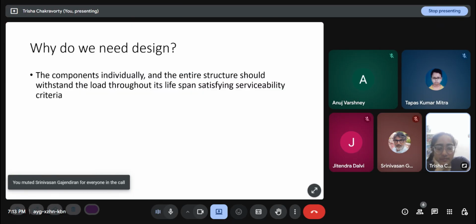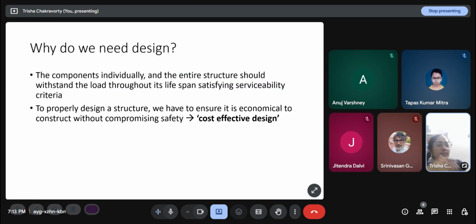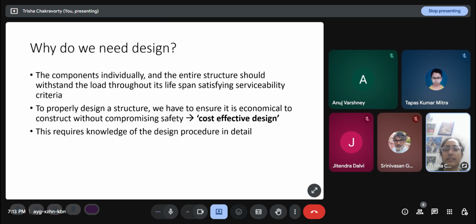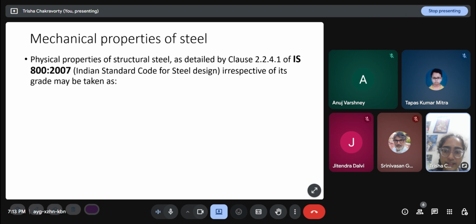We could over design all the structures assuming the worst earthquake, the worst wind load that has ever come, but that will make it not economically viable. So we have to take a call at some point that if we reach a certain safety level, that's enough. And that is called cost effective design, and this requires knowledge of the design procedure in detail.